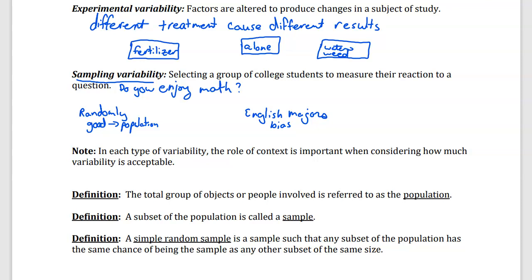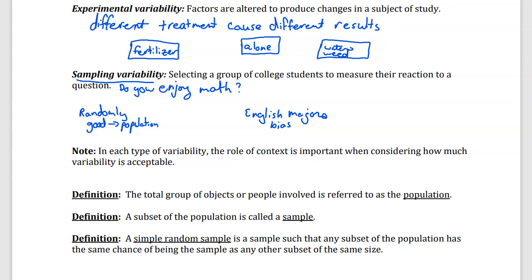So we have to look at whether or not we are purposefully creating any bias. We want to make sure that we eliminate as much bias as we possibly can.